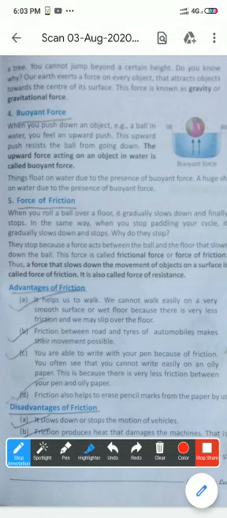Now, next we have the force of friction. Now, what is force of friction? Suppose you roll a ball on a floor. Gradually, if you observe that ball, you will see that the ball gradually slows down and finally it stops. Now, how does it stop?